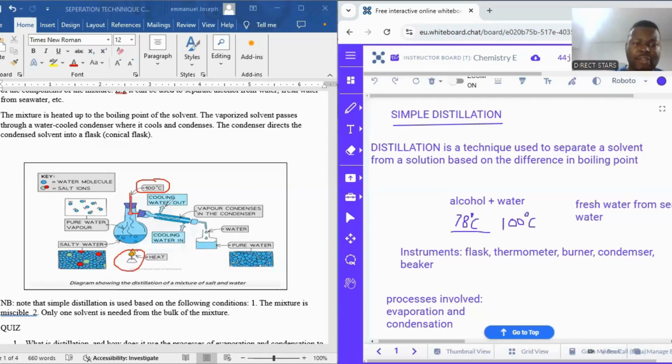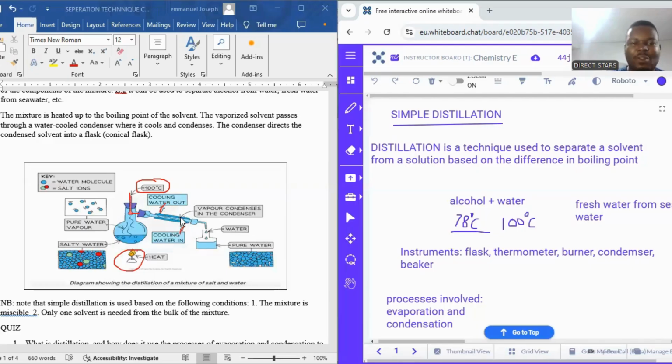Now, how does this condenser work? Cool water is passed down through this point and let out through this point. The condenser has two layers, as you can see. The inner layer is where your vapor passes through. The outer layer is left for the water to go in and out to ensure the inner core is always cool.